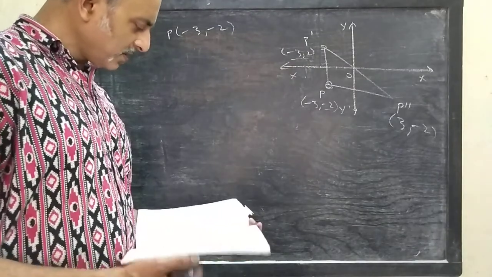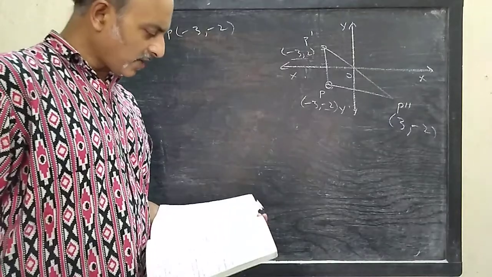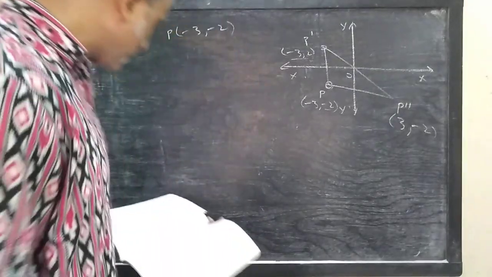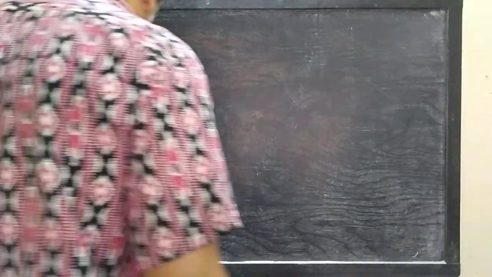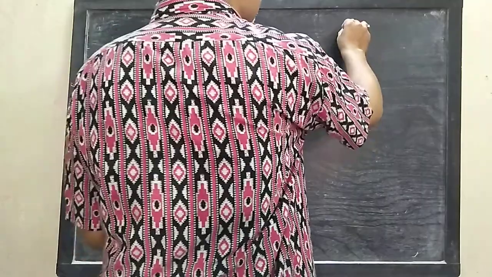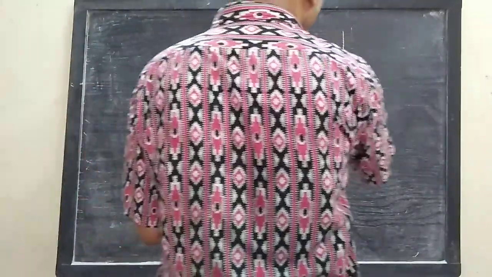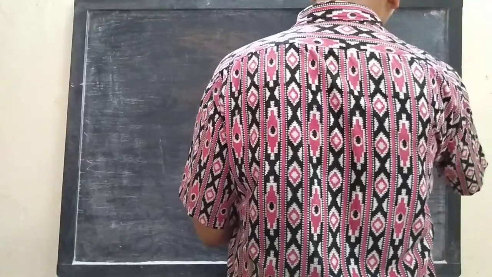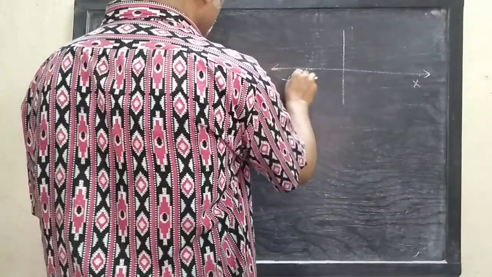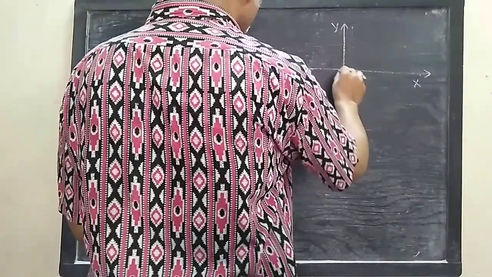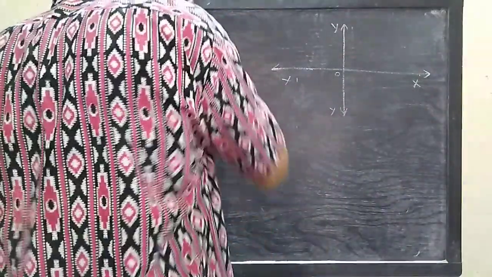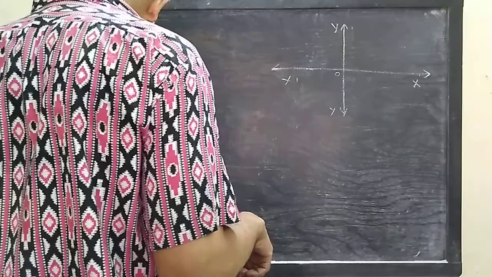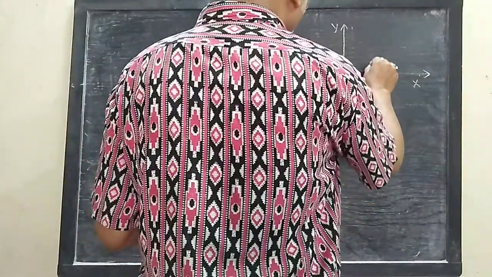Next, let us go to the next question. A point P under reflection in y-axis is mapped onto the point P dash 2 comma 3. 1, 2, 1, 2, 3.